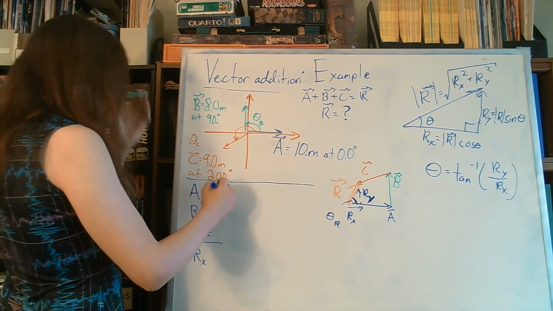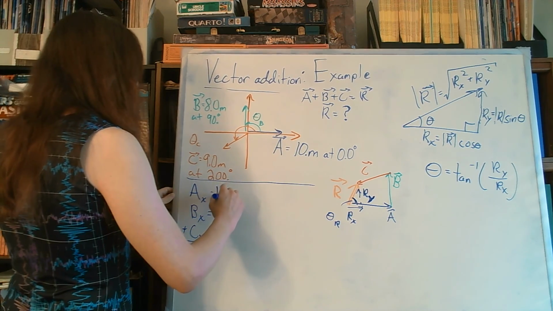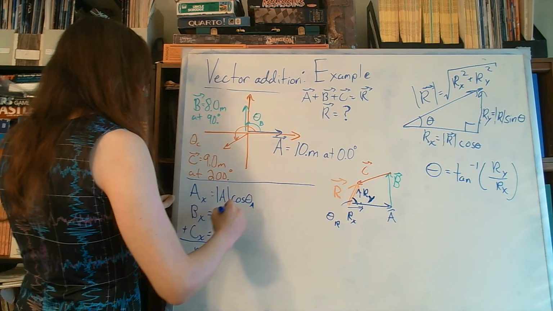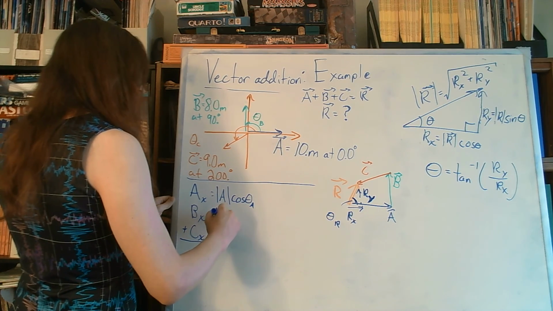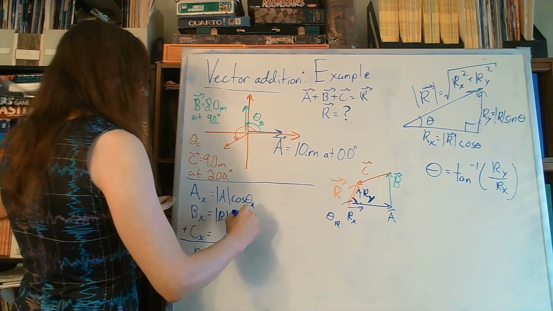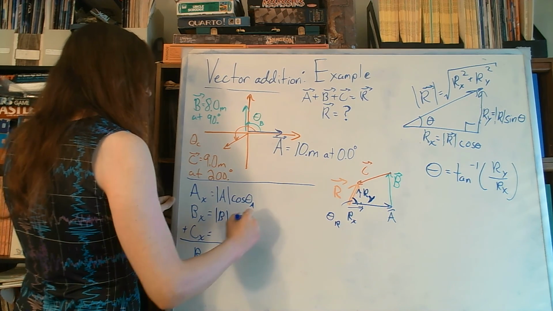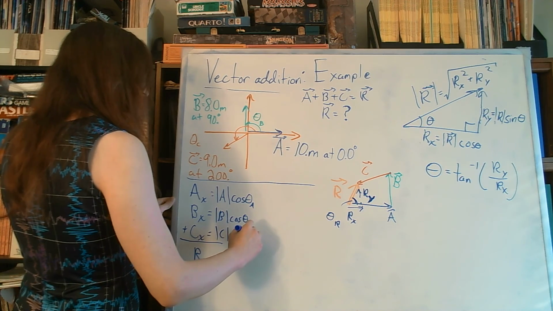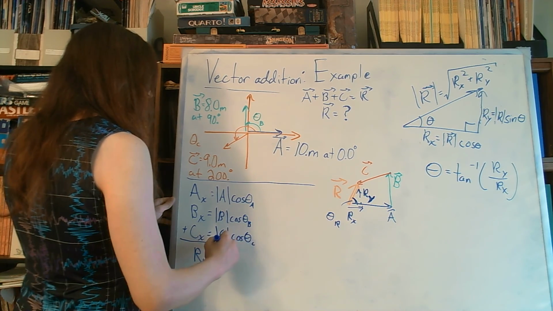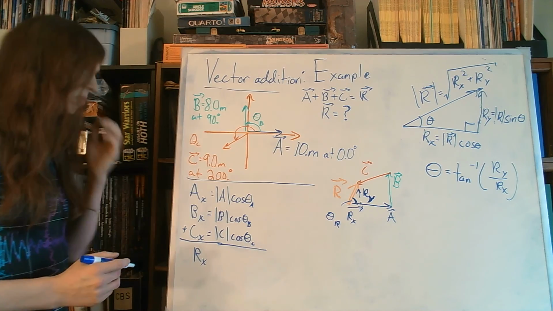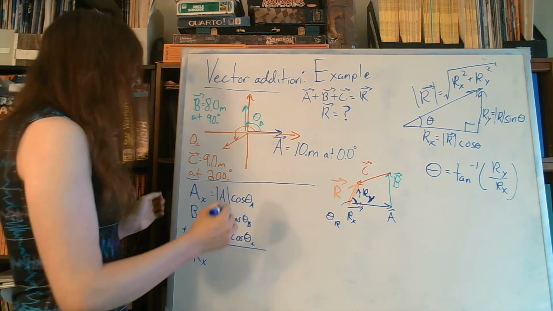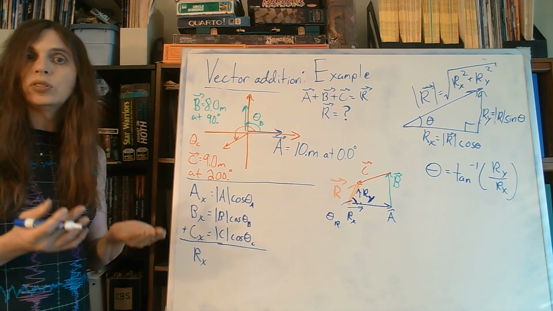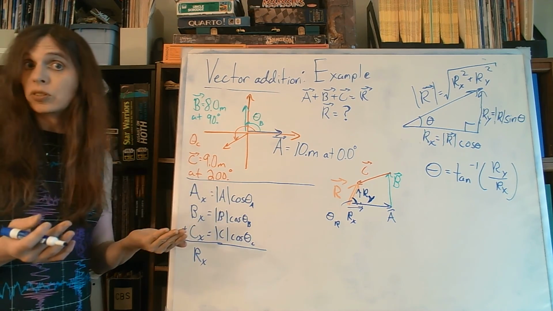So it's equal to the magnitude of A times the cosine of angle theta A, the magnitude of B times the cosine of its angle, the magnitude of C times the cosine of its angle. And so we could put numbers into those values there and solve.